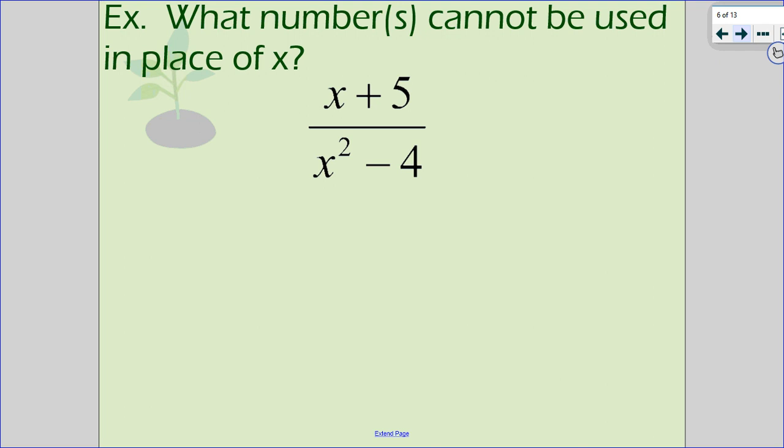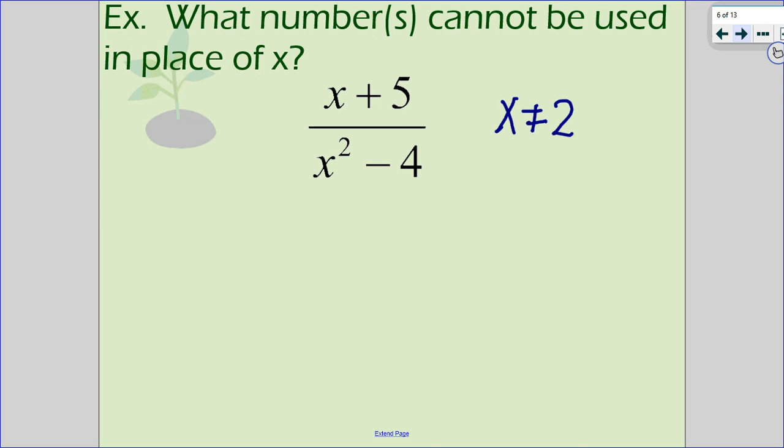Let's take a look at this one. Jerry? Would it be 2? It would be. Are there any other numbers that wouldn't work? Think of -2?